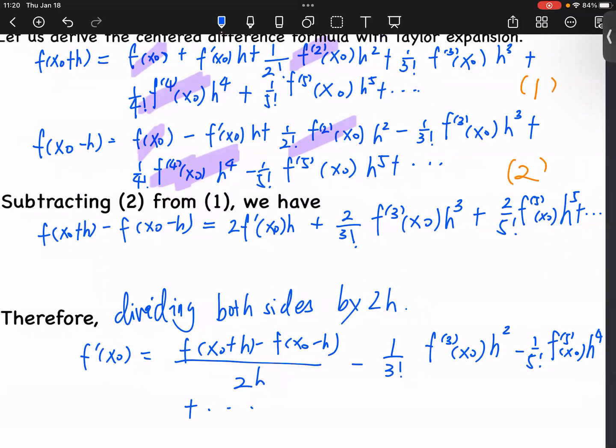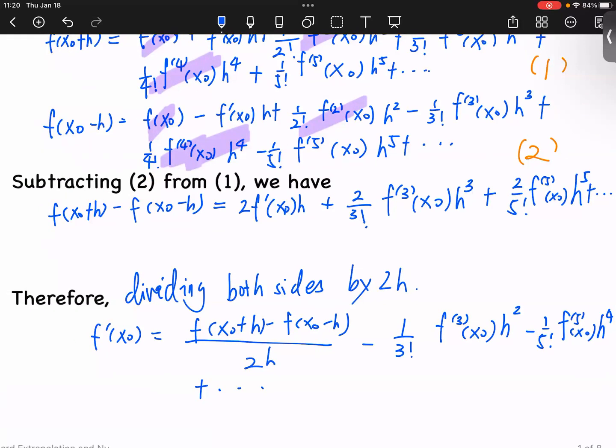And why are we deriving the center difference formula in another way? Because this error term will be more useful in the derivation of the Richardson extrapolation. Later on, we are going to use these error terms.